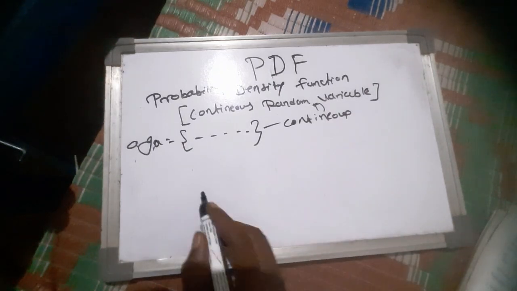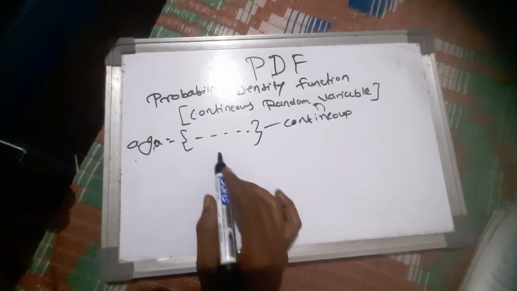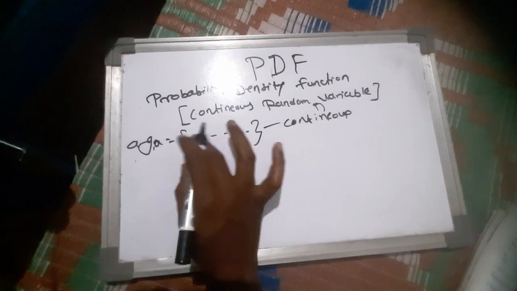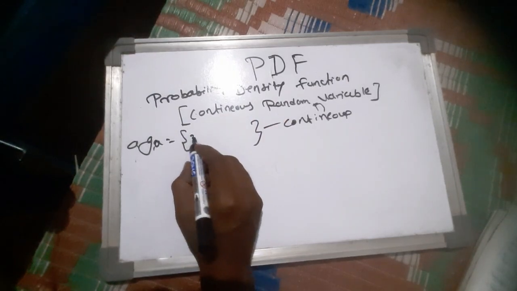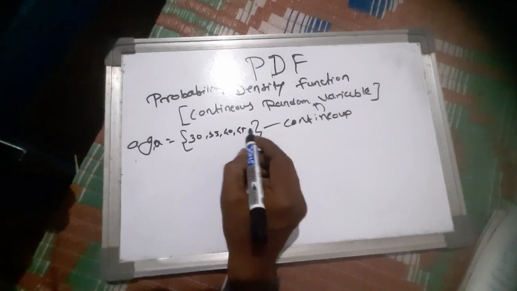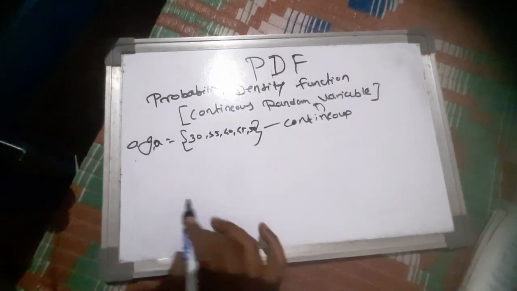We have some data points, let's consider the data points 30, 35, 40, 45, 50. Let's consider this is the age.